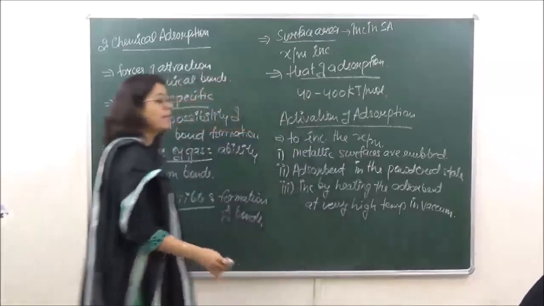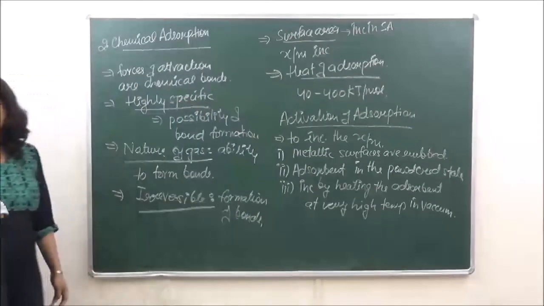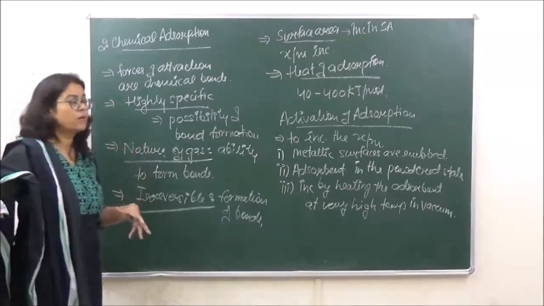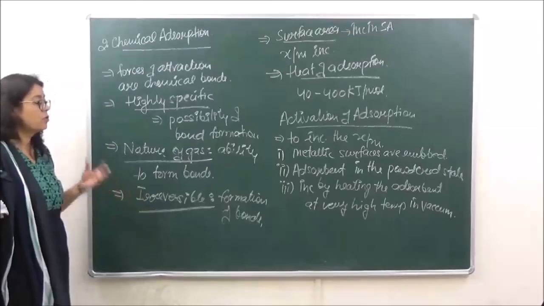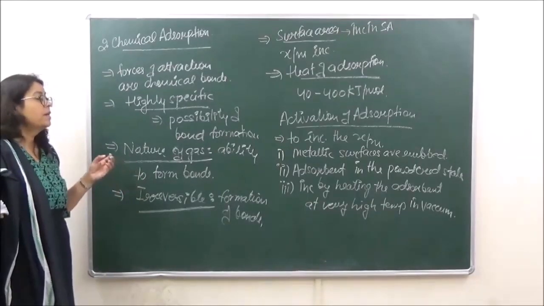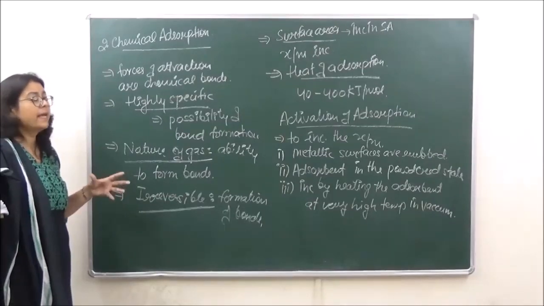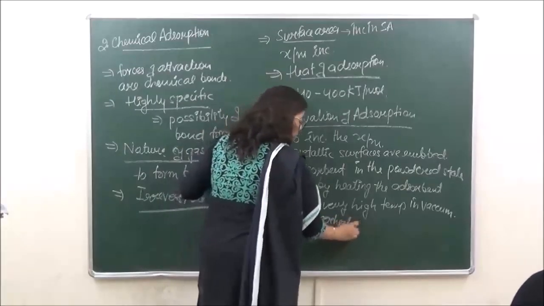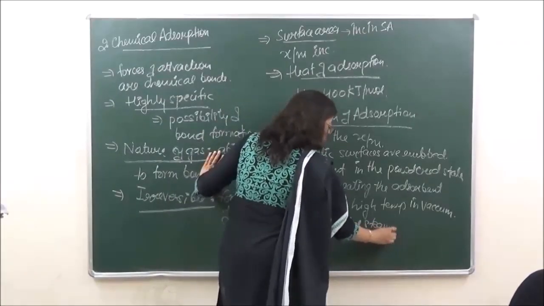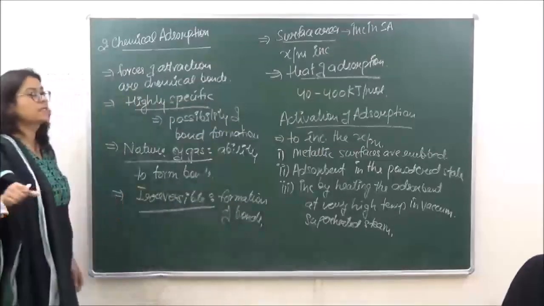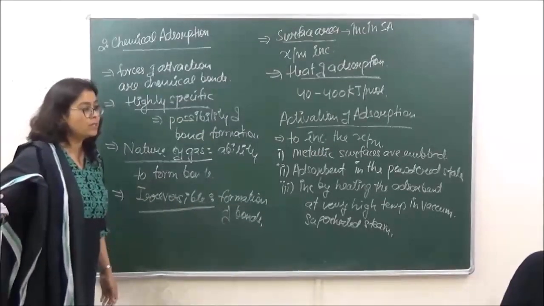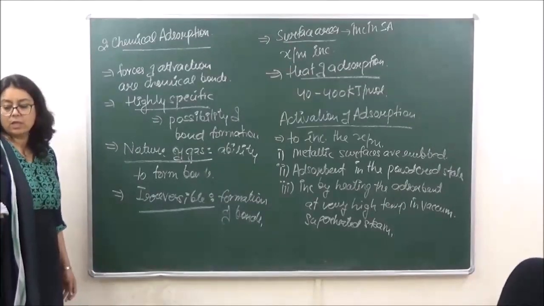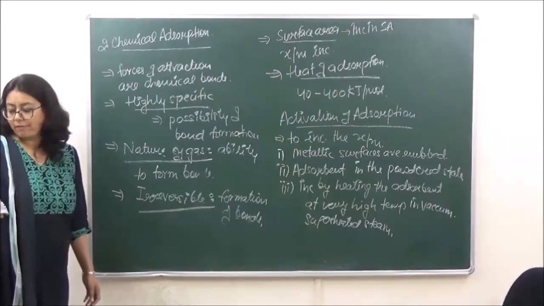So by heating it at very high temperatures in vacuum, the impurities are released from the adsorbent. Generally, they are also heated in superheated steam. This makes the surface more porous, as a result of which the extent of adsorption is going to increase. So these are the types of adsorption we have done today.